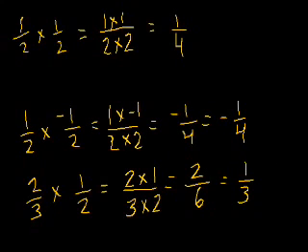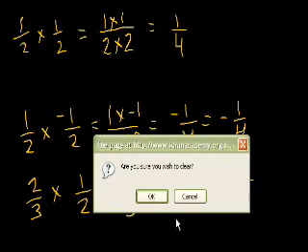Let's do it again, and I want to show you a little trick here. 2/3 times 1/2. As you said, any multiplication problem, you just multiply the numerators, multiply the denominators, and you have your answer. But sometimes there's a little trick where you can cancel out, you can divide the numerators and the denominators by a number.